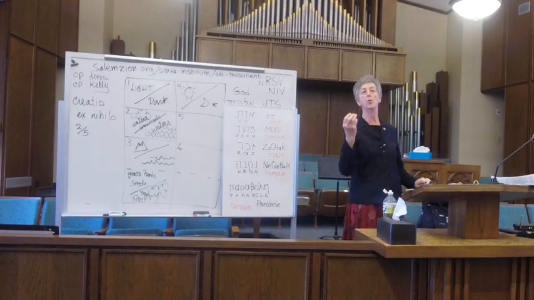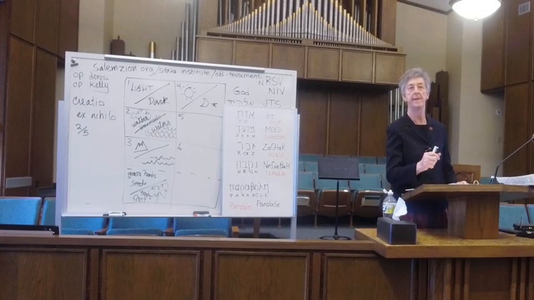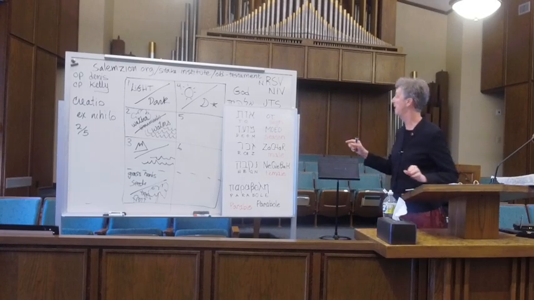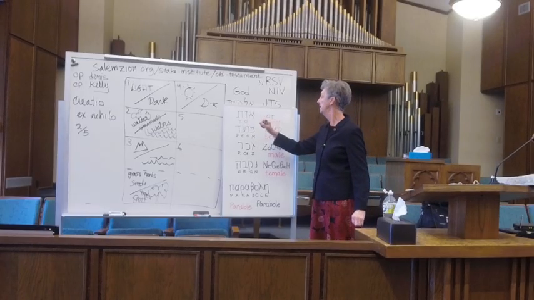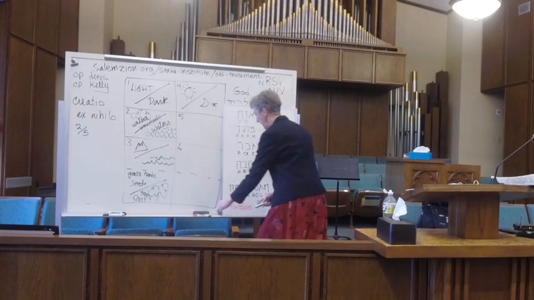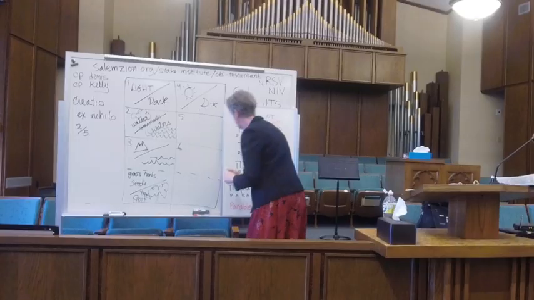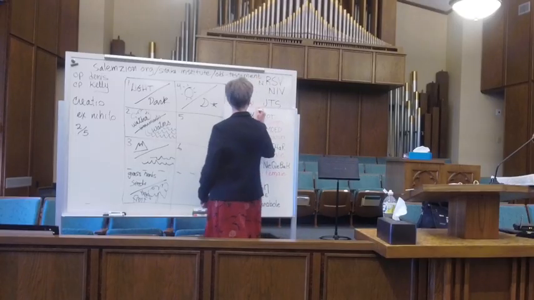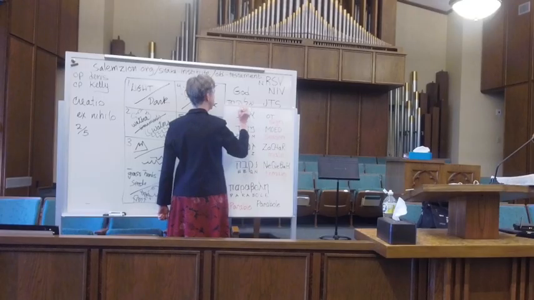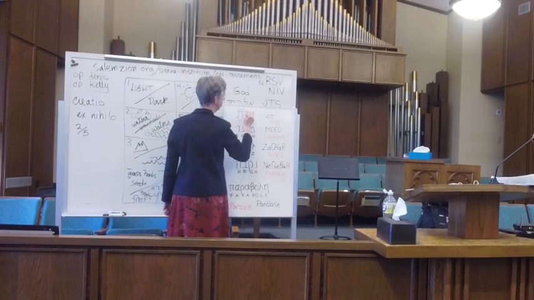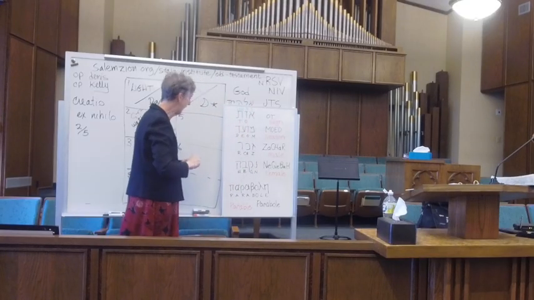It's the word oat. And it's spelled with an aleph, and a vav, and a taf. Now, this is the first letter of the Hebrew alphabet. This is the last. And this letter is the letter used to say and.